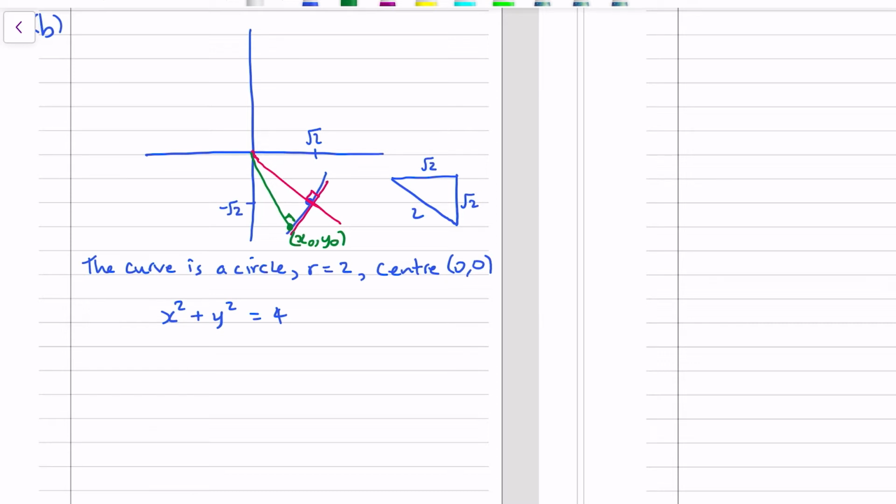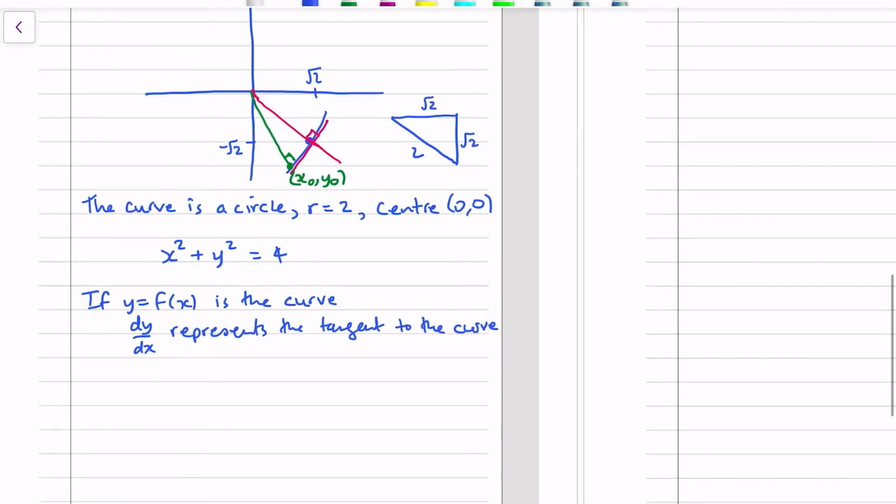So in other words, if y equals f of x is the curve, dy/dx represents the tangent to the curve.